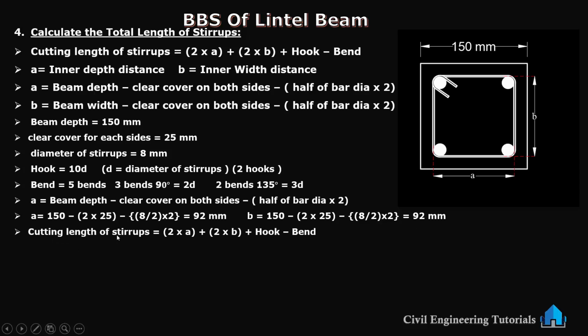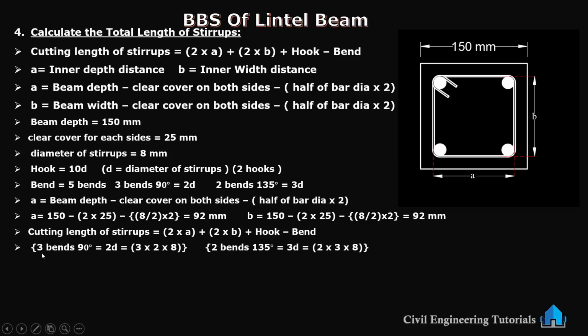Now cutting length of stirrup we will calculate: 2 into A plus 2 into B plus hook minus bend. This formula. Now we have to calculate bend also.